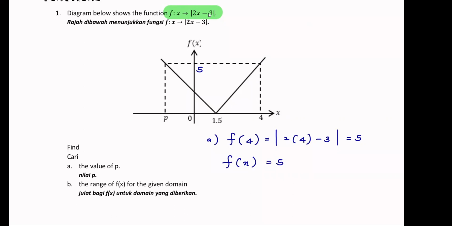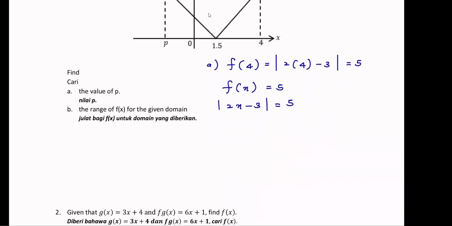Your f(x) is modulus of 2x minus 3 equals 5. You break the modulus into 2, remember? So one is 2x minus 3 equals 5. Another one is 2x minus 3 equals negative 5.